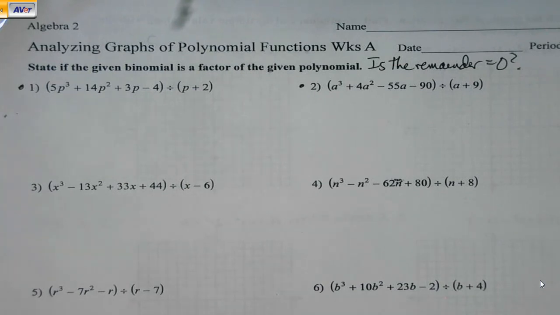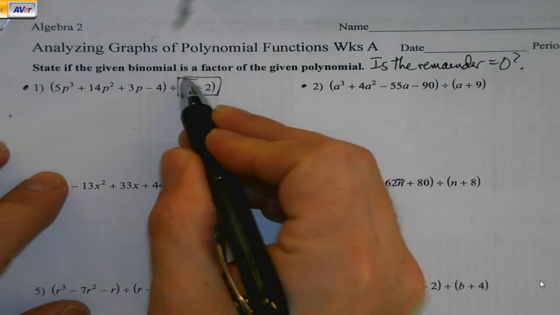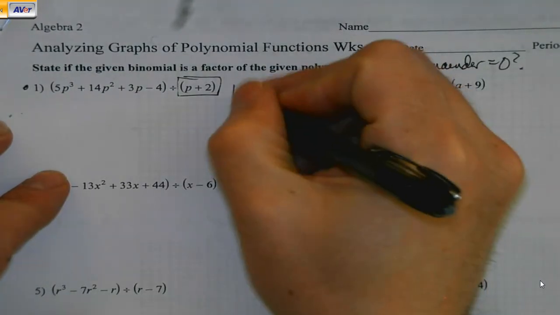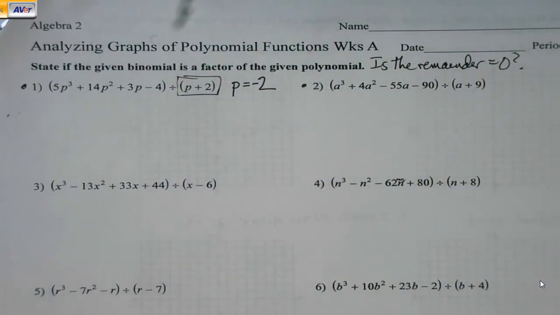We go, okay, first thing, and it's critical because if I do this wrong, I'm kind of done for the whole problem. If we're given a binomial as our divisor, we're going to use the opposite as the value in our little box. Now let me show you again why that is.